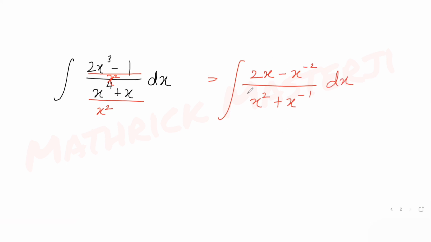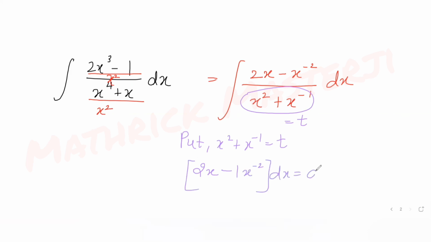Now if you substitute your denominator x square plus x raised to minus 1 as t, I'm substituting it as t because I know the derivative of x square, 2x, is directly present. So 2x, and then x raised to minus 1 gives minus 1 times x raised to minus 2. The whole thing dx is equal to dt.